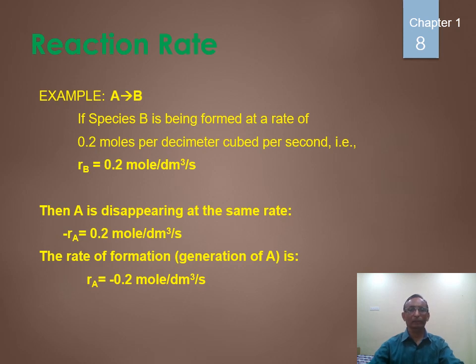Then the rate of formation of A, that is plus RA. So the only change is plus and minus. Rate of formation is minus 0.2 mole per decimeter cube per second. So this way, sometimes they are going to ask in objective type questions. To remember this plus and minus sign, this particular example is given.